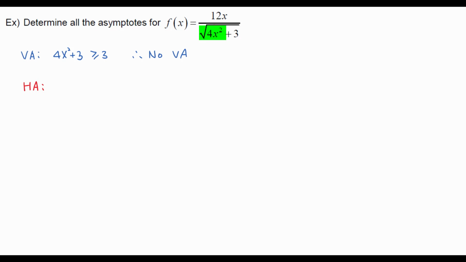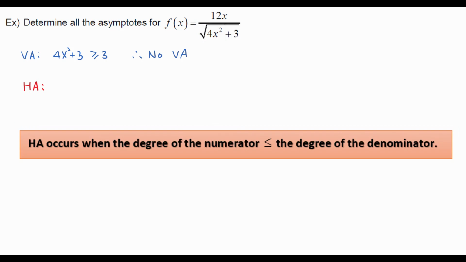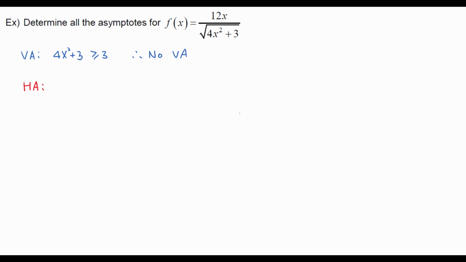Whether it comes out as x or negative x, the degree is still 1. Because the degree of the numerator is less than or equal to the degree of the denominator, you will have horizontal asymptotes here. In fact, because your rational function has a square root in it, you will have two horizontal asymptotes, as you previously learned. So let's get them.